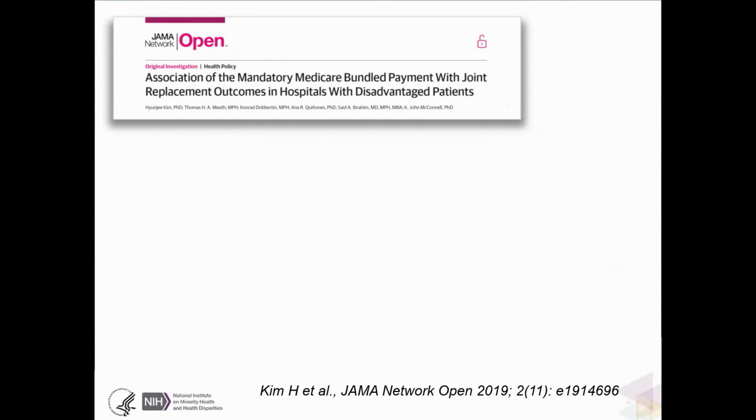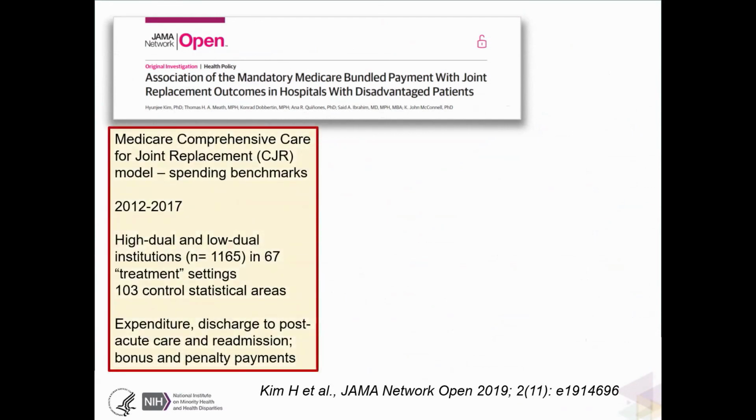Basically, Medicare created a policy to save costs, but also to track readmissions after surgery and quality of care. And it included incentives, but also included penalties, depending on whether the hospitals met the goals or not.